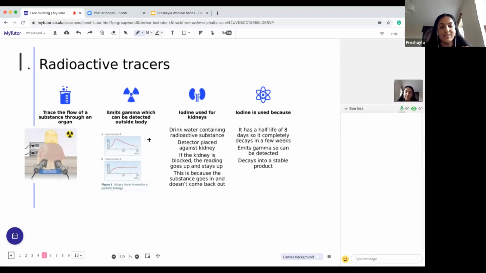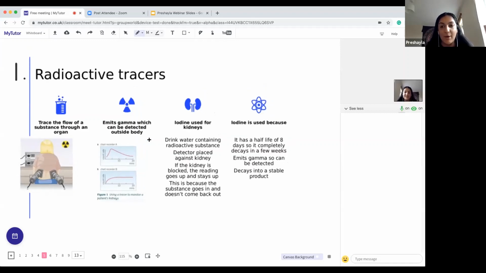Now, this substance emits gamma radiation, which can be detected outside of the body. Okay, so we put some sort of tracer, they swallow it, drinking some water, it's in the water, and it emits gamma. That gamma can then be detected outside the body using detectors.